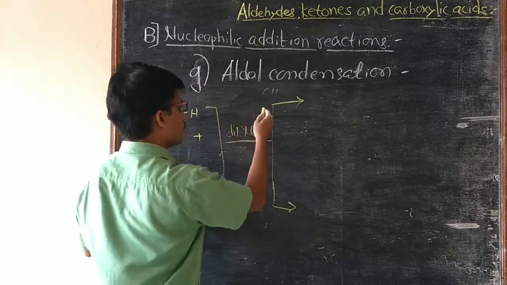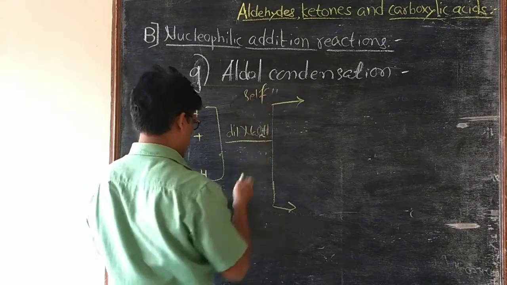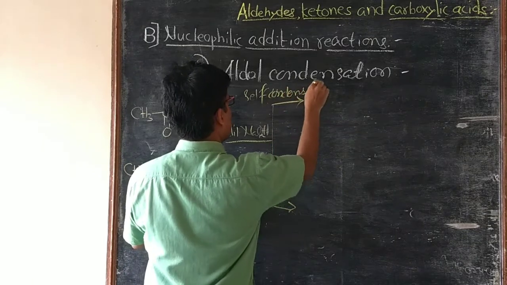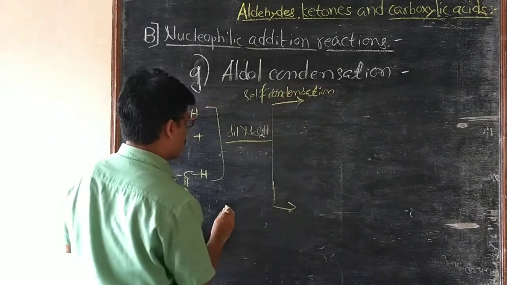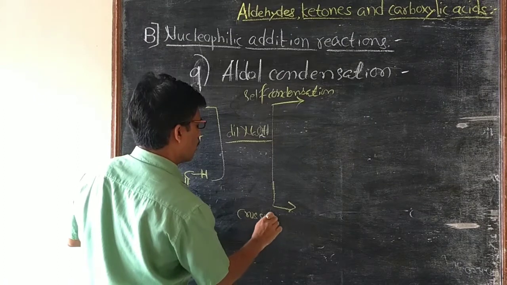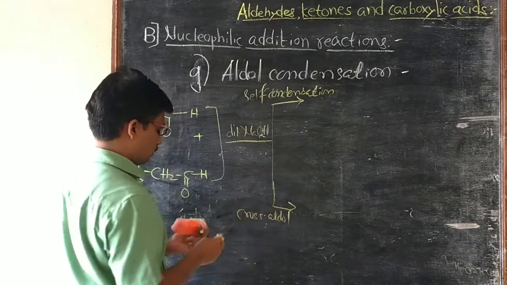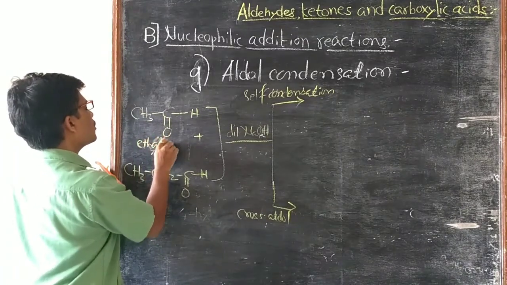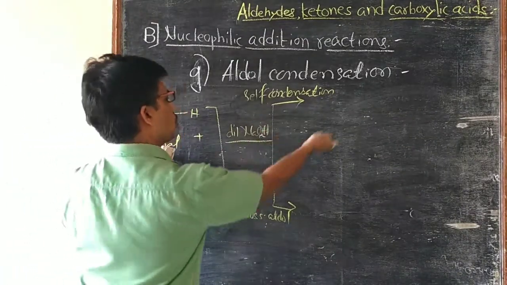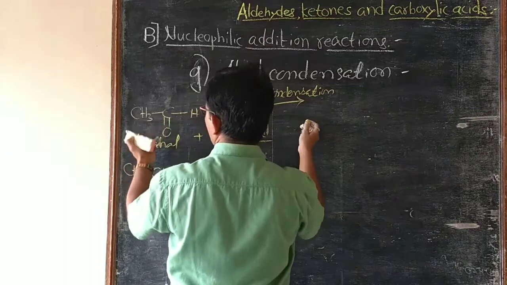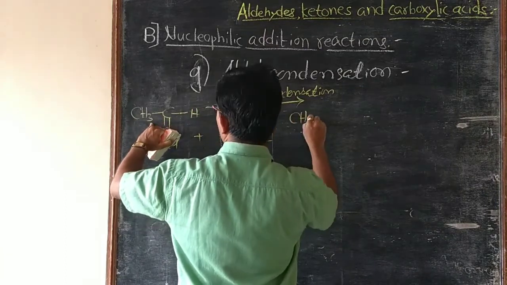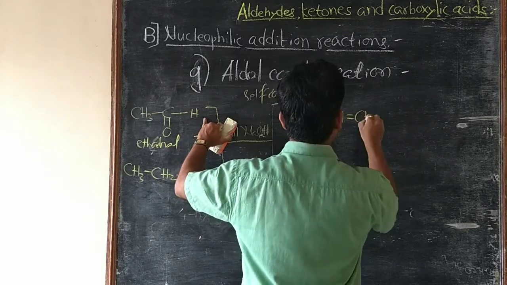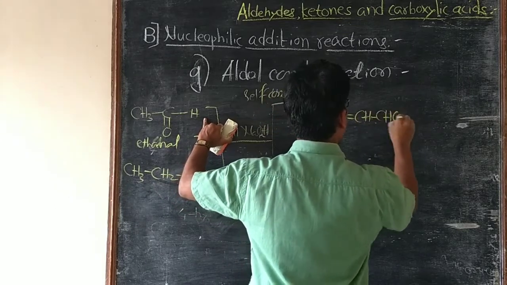First we will see self condensation, and afterwards cross aldol condensation. This ethanal combines with another molecule of ethanal to give CH3 CH double bond CHO.